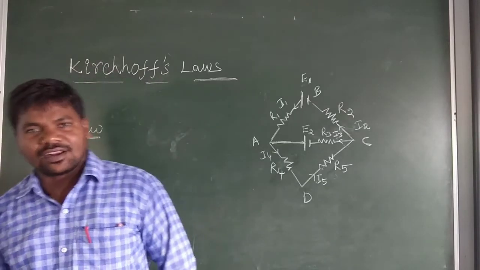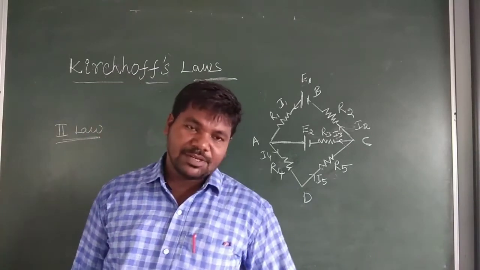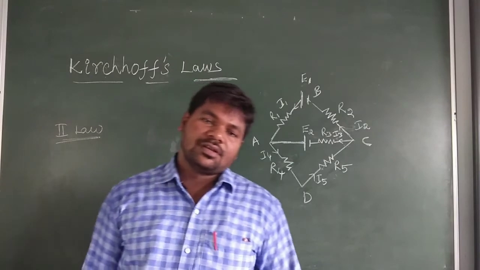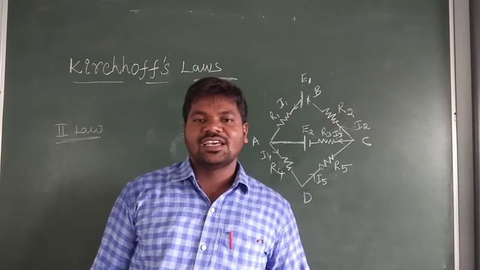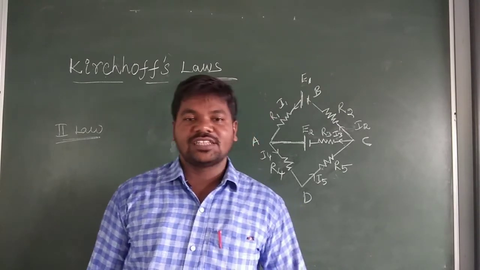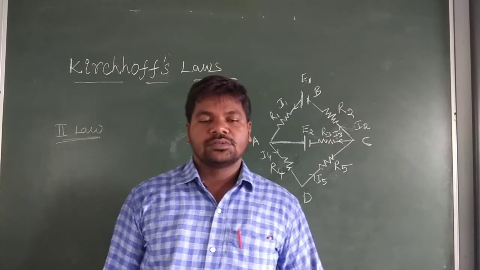Coming to Kirchhoff's second law, also called the loop rule. The algebraic sum of changes in potential around any closed loop involving resistors and cells in the loop is 0.